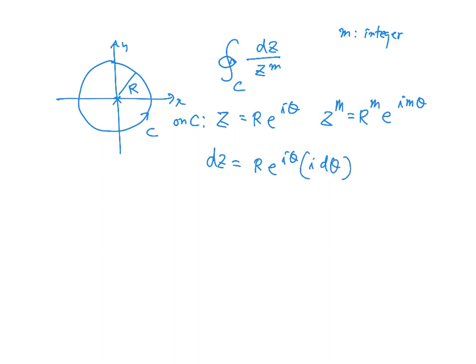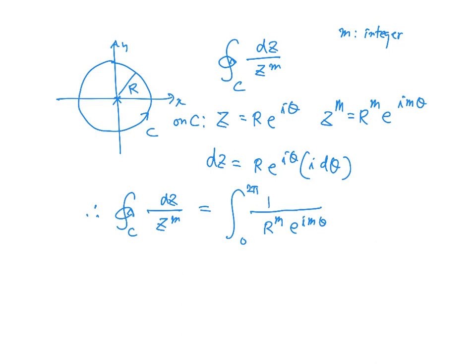So this closed integral can be converted into the polar integral from 0 to 2 pi of r to the m exponential i m theta, r exponential i theta, i d theta.